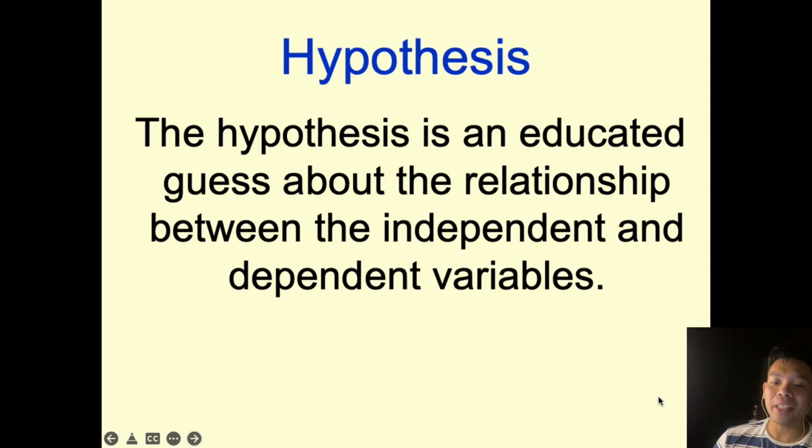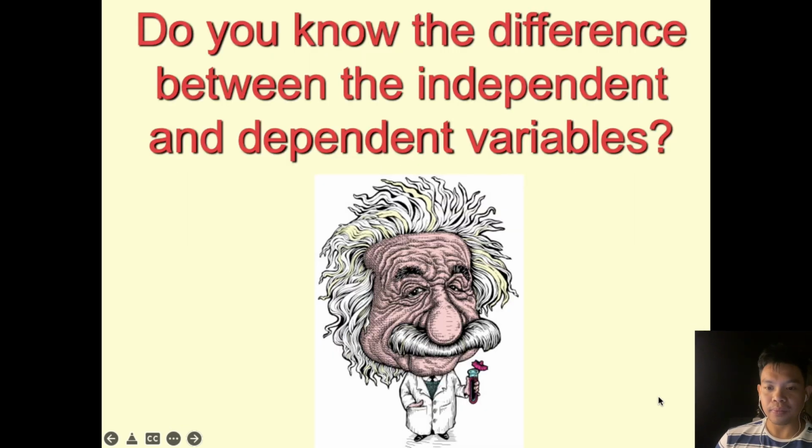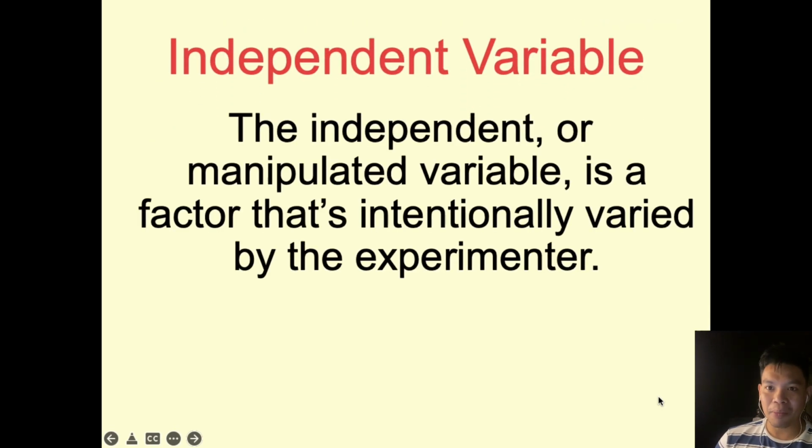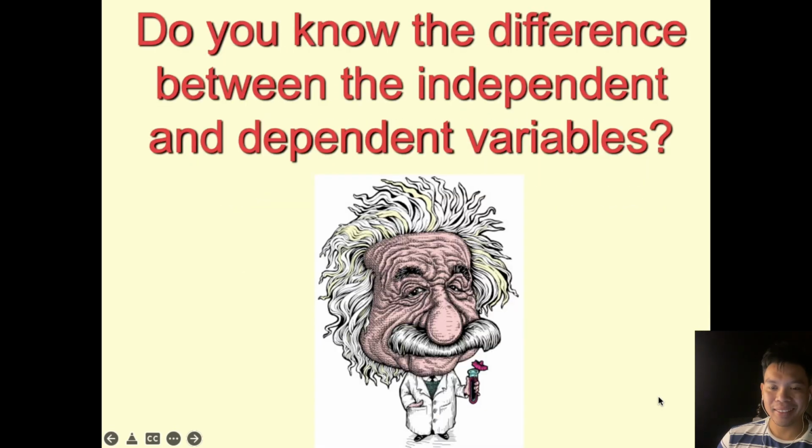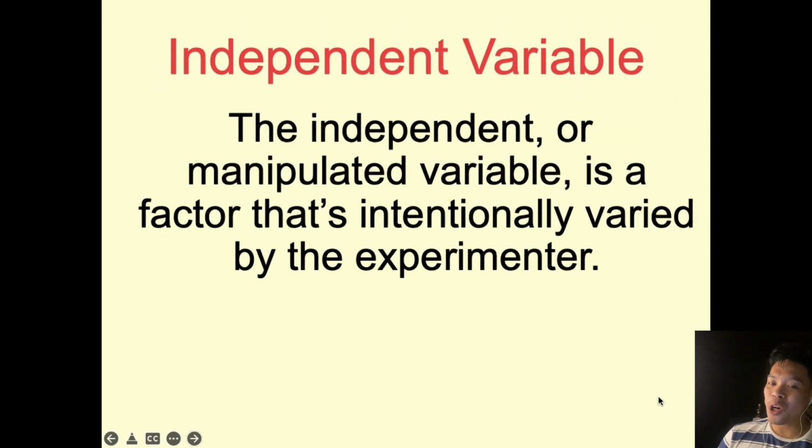Hypothesis is an educated guess about the relationship between the independent and dependent variables. Did you know the difference between the independent and dependent variables? The independent or manipulated variable is a factor that's intentionally varied by the experimenter.